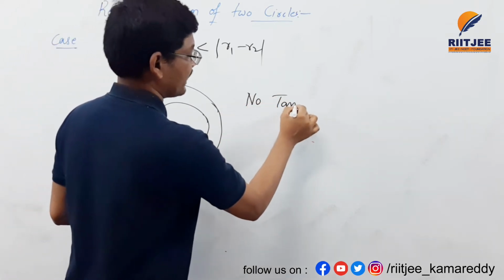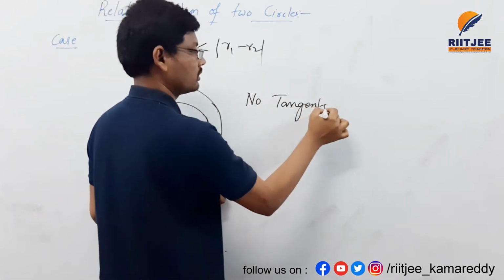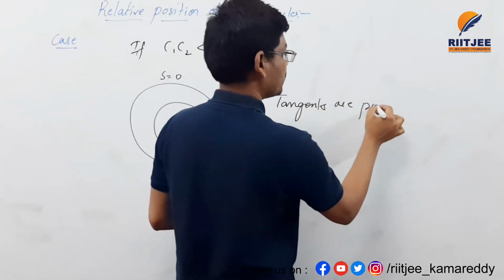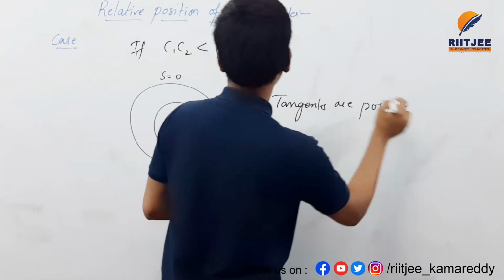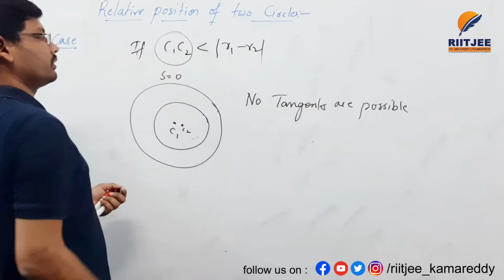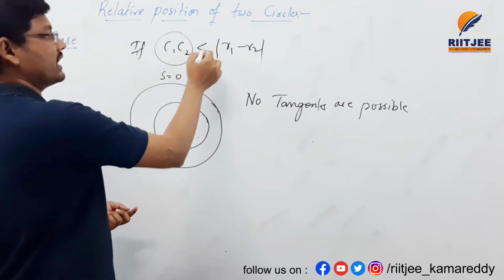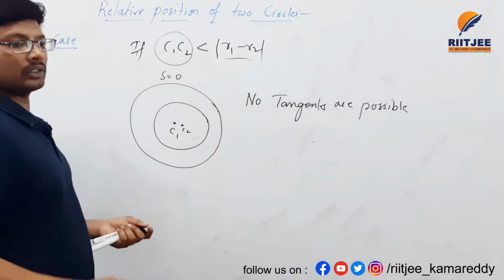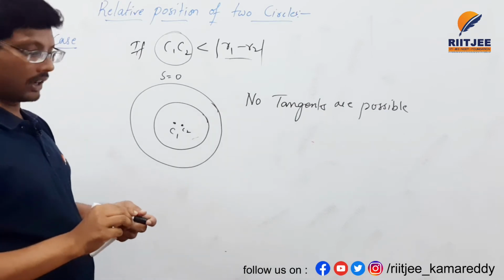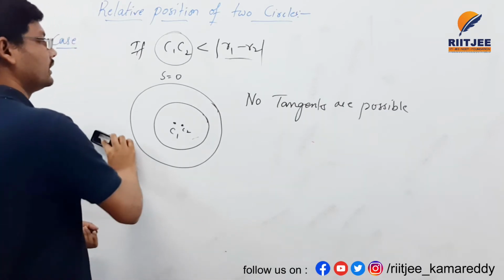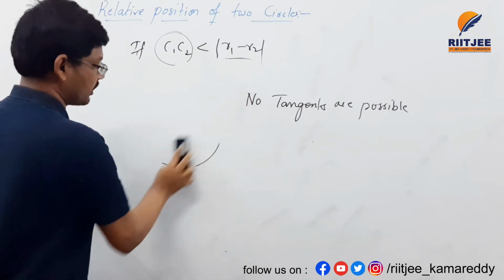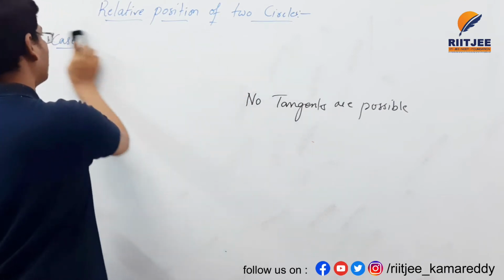No tangents are possible when the distance between the centers is less than the difference between the two radii. This is all about case number 5.